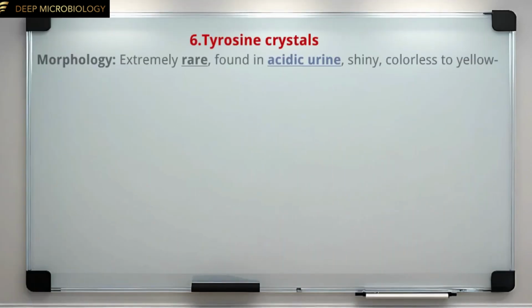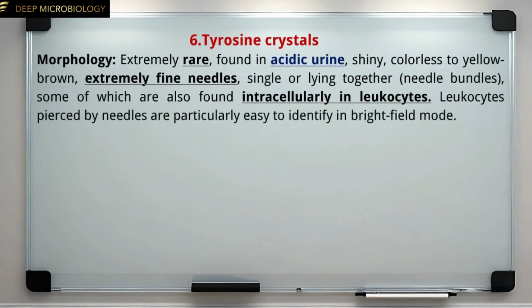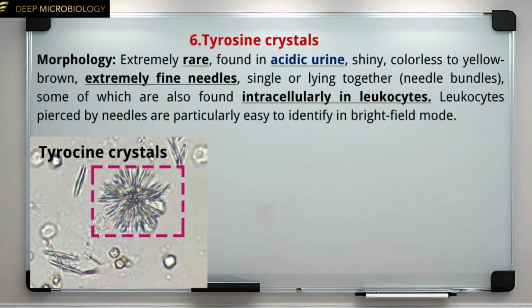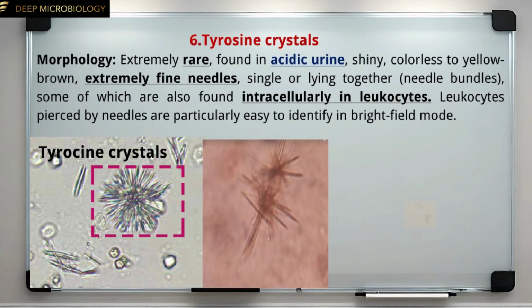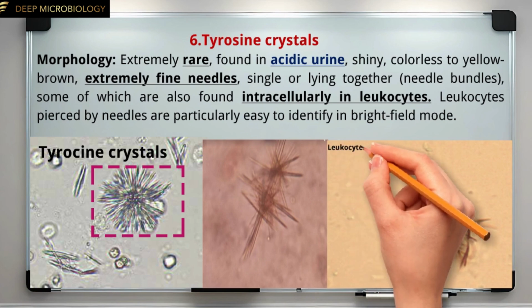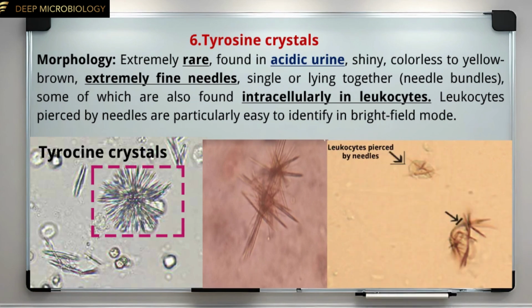6. Tyrosine crystal. Morphology: extremely rare. Found in acidic urine, shiny colorless to yellow-brown, extremely fine needles, single or lying together, needle bundles, some of which are also found intracellularly in leukocytes. Leukocytes pierced by needles are particularly easy to identify in bright field mode.